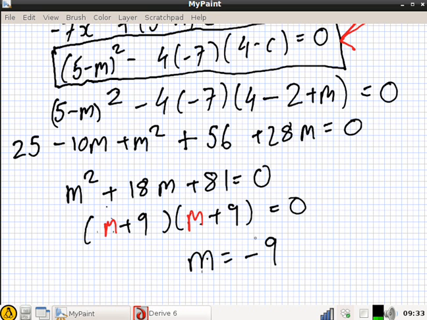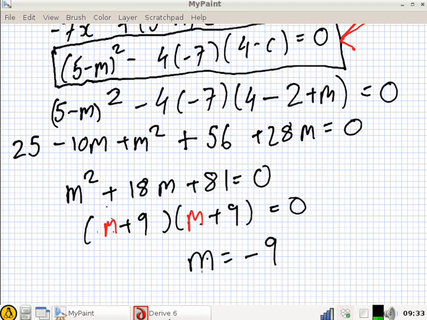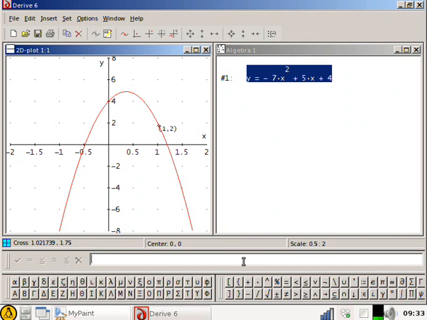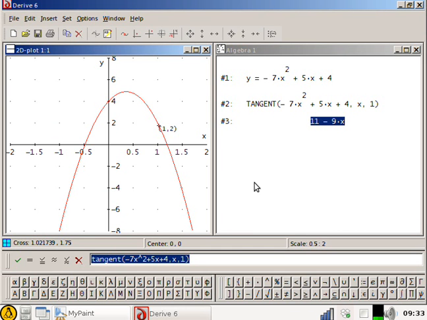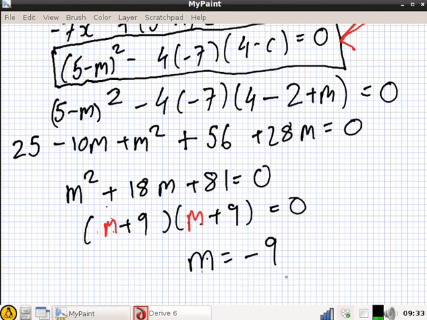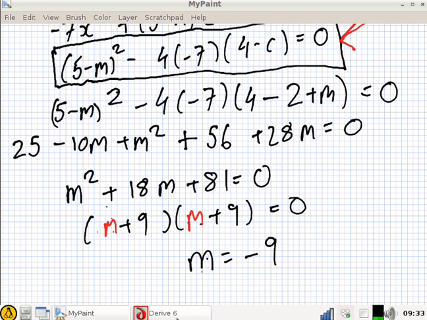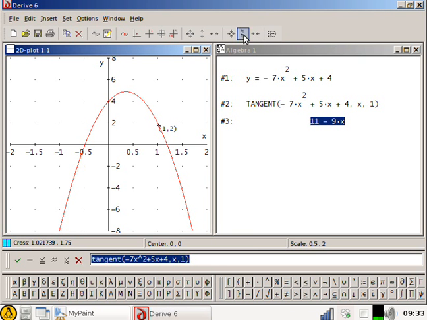And if you remember at the start, I thought that m should be negative from looking at the graph, and it is. I can even get the program to graph this here. Tangent minus 7x squared plus 5x plus 4, and what was x? 1, wasn't it? So, did I get minus 9? I did, minus 9. Let's put this on the graph as well.